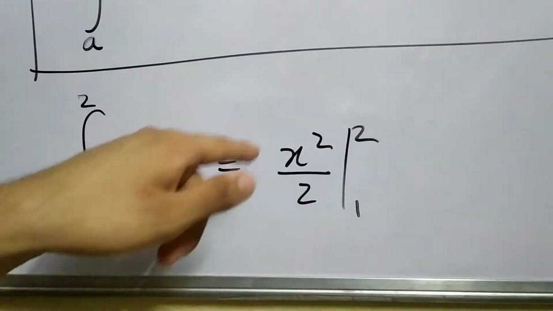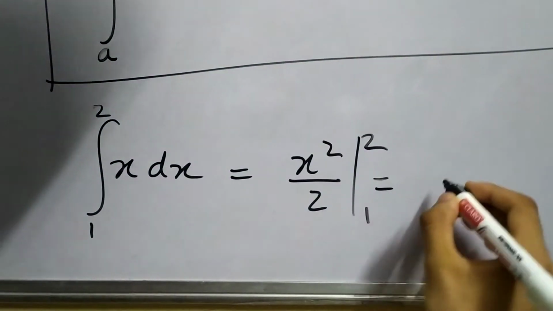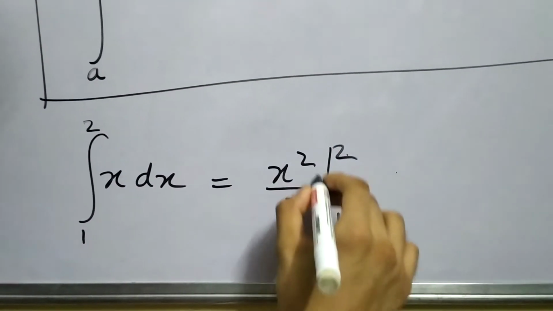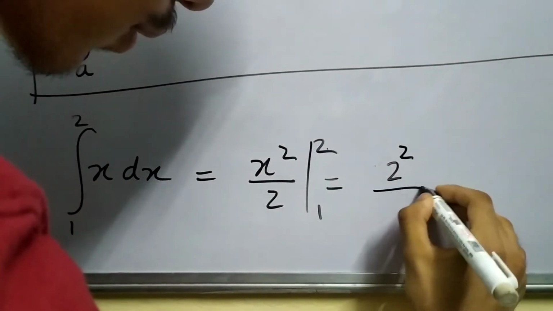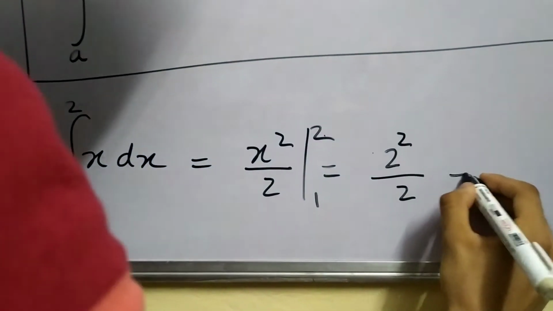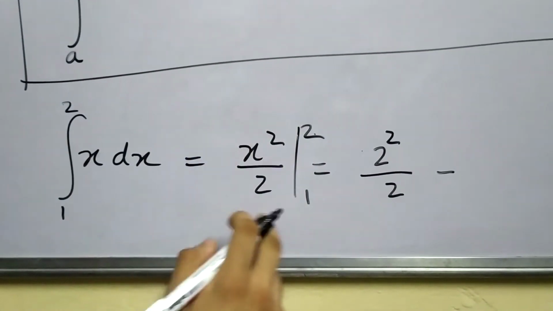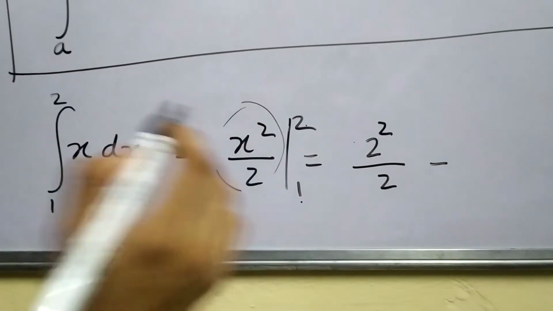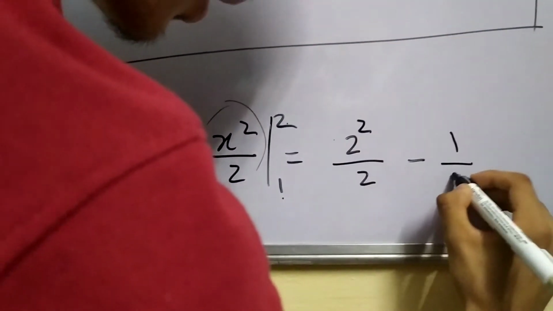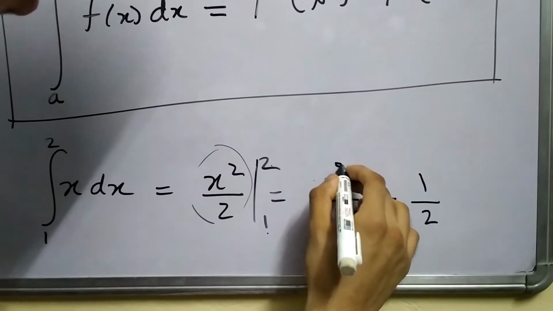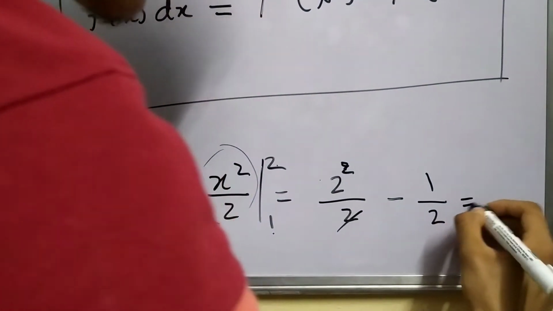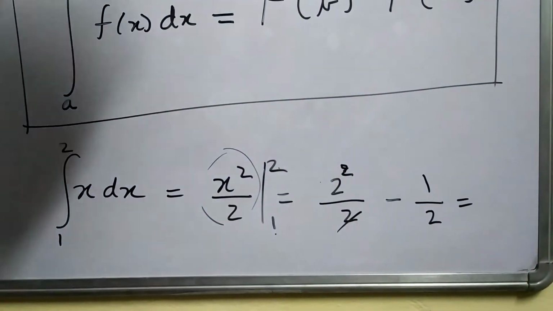We write it in this form. We put 2: x squared by 2 evaluated at 2 is 2 squared by 2, minus the antiderivative evaluated at 1, which is 1 by 2. So this is 2 minus 1 by 2, which is 3 by 2.